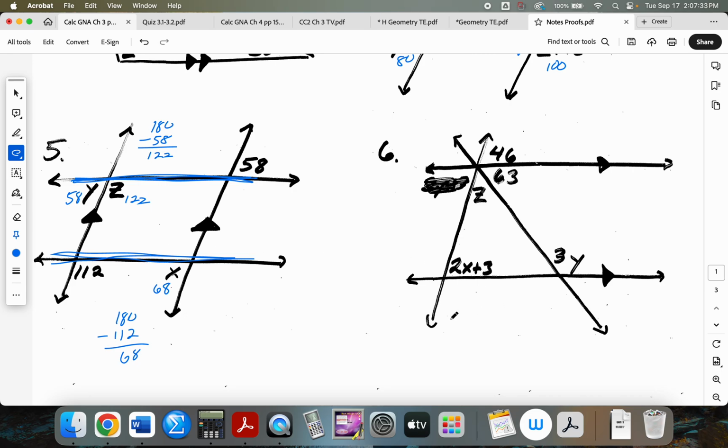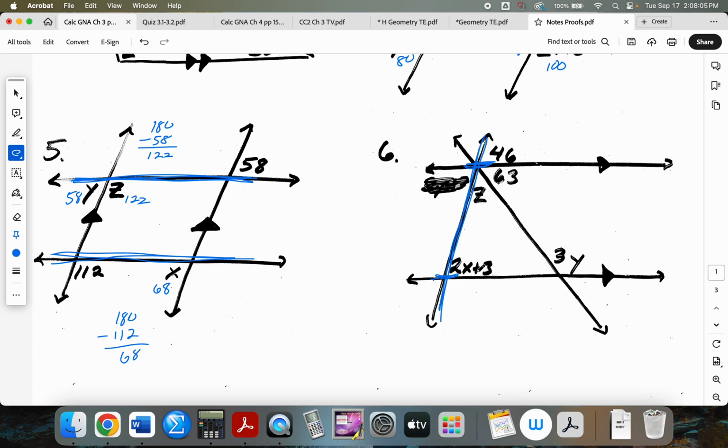All right, let's take a look at this one, and then we're going to go on to a completely different kind of problem. For number 6, if we're looking for x, which is down here, do we want to go side to side or do we want to go up and down? We're going up and down because we're crossing the parallel lines. Now let's see, the parallel lines are here and here.